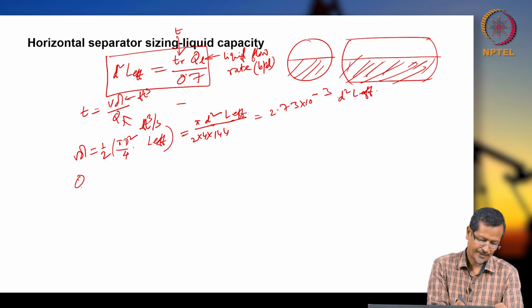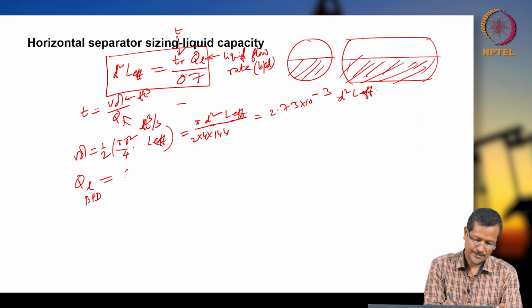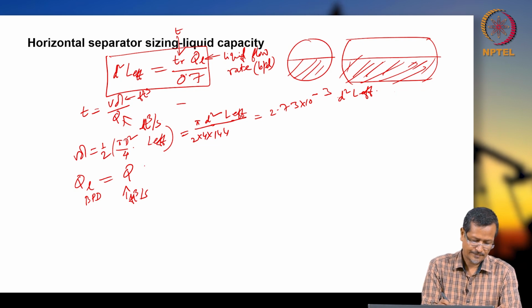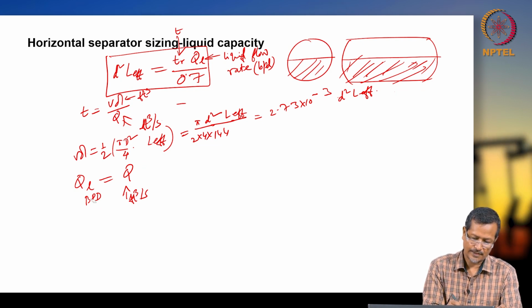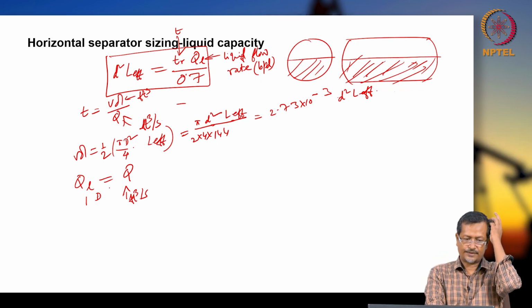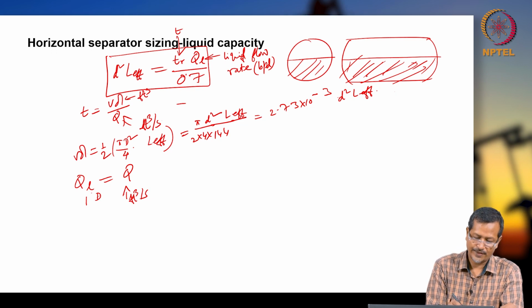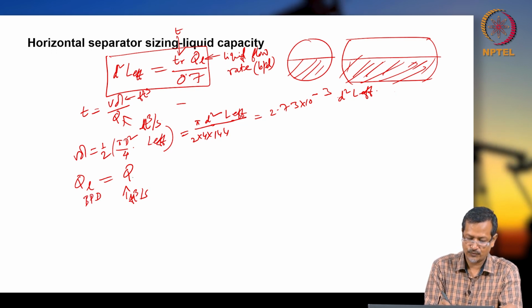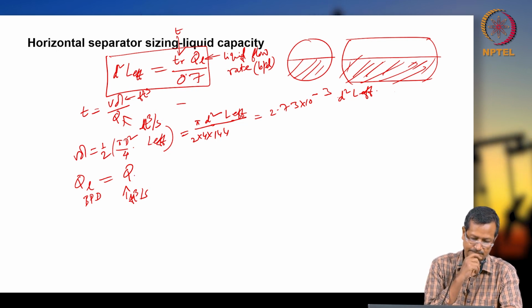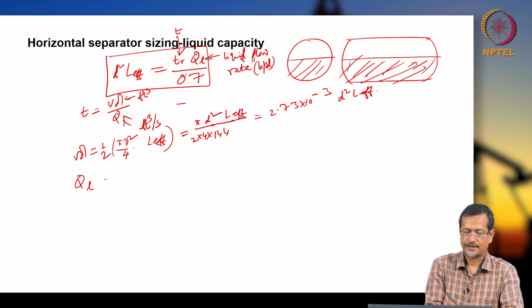Okay. Now the flow rate Q, liquid flow rate in BPD equals QL, this is cubic feet. Wait, what is the unit? QL in BPD, Q in cubic feet per second. Okay. So the flow rate QL is in BPD.